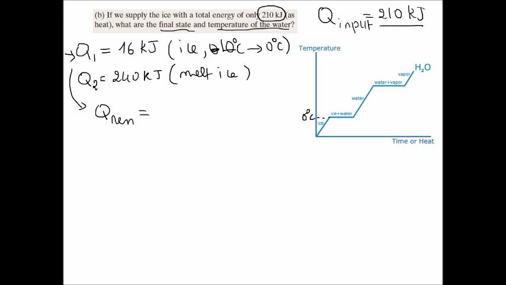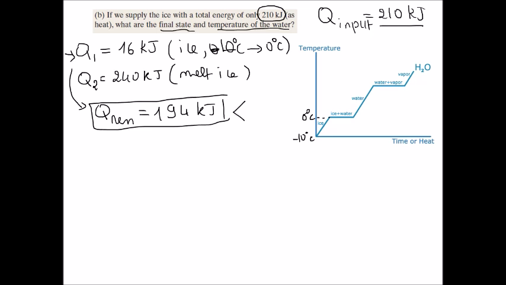I need to warm ice from minus 10 degrees Celsius to 0 degrees Celsius. I use some of the energy here. I use 16. What is remaining? 194 kilojoule.